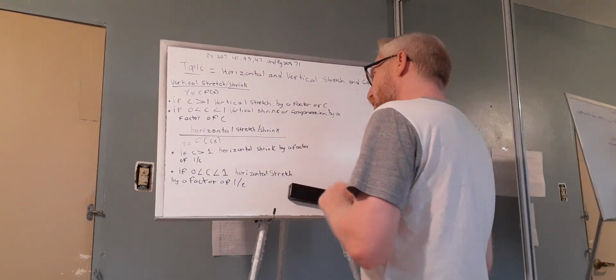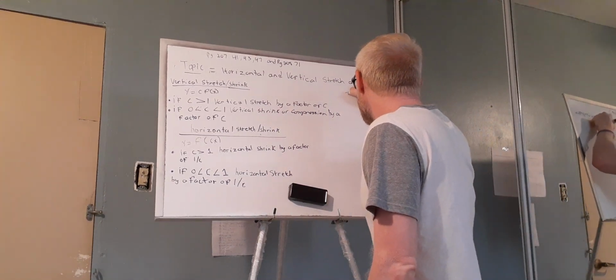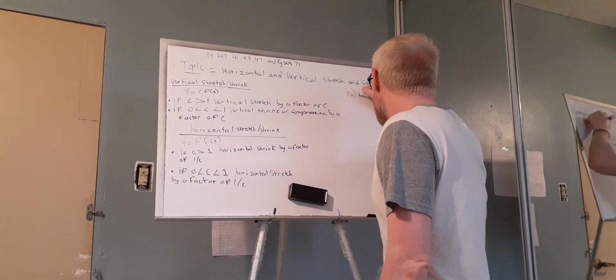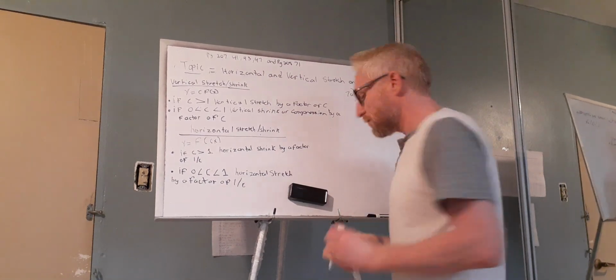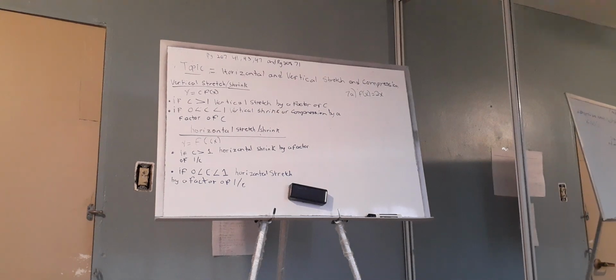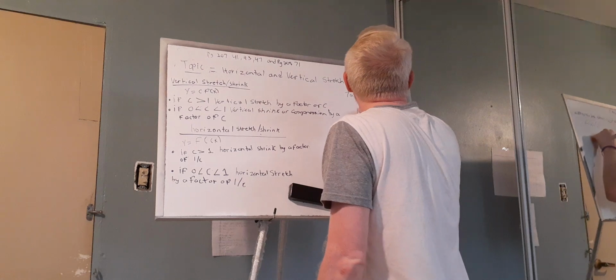And we're actually going to talk about horizontal stretches or shrinks. Now, example 7a says f of x equals 2x. And 7b, and I'll just write that real quick, is y equals f of 1/2 x.